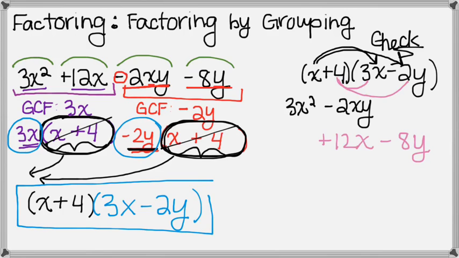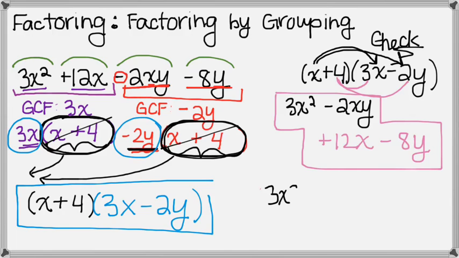And when you multiply it all out, the order doesn't matter again, because I could just reorder this and say, well, what we have is 3x squared plus 12x minus 2xy minus 8y.